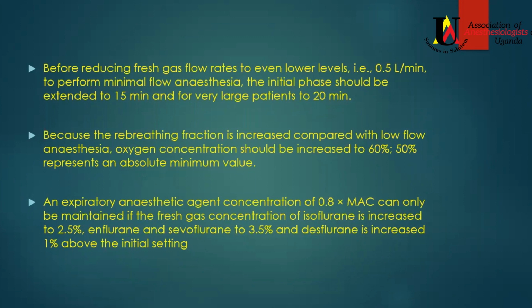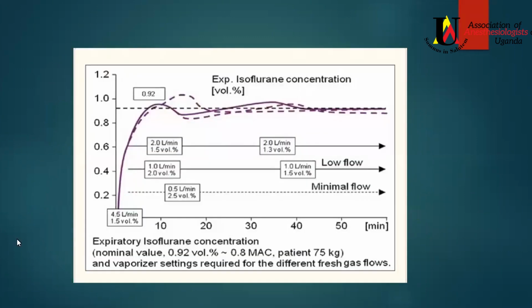Okay. So this is a diagram to show you what we've been talking about. What you want is to have the patient at this concentration here, the expired isoflurane concentration. You notice this is where we're going to start, 4.5 liters.